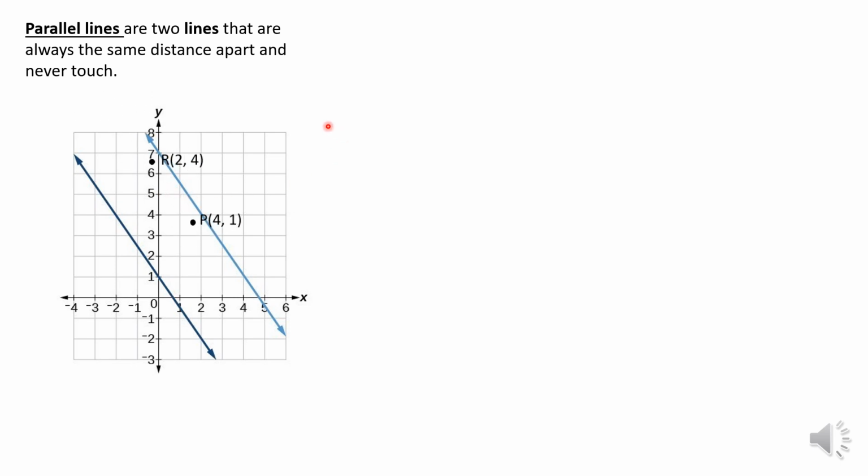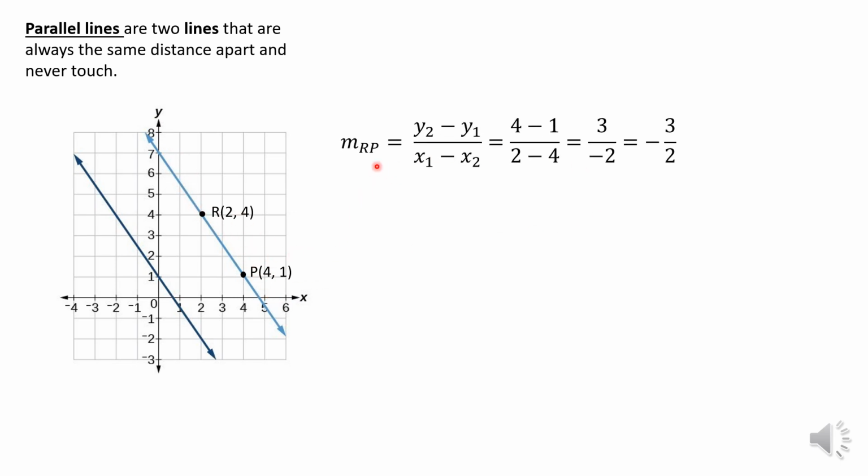So what can we learn about the gradients of parallel lines? Let me take this light blue line here and calculate its gradient. When I calculate the gradient of line RP, I take the change in y, so I started with 4 minus 1, then 2 minus 4. So I get the gradient is negative 3 over 2. Now let me bring in 2 other points on this line, and I refer to those points as A and B, and I calculate the gradient of this darker line.